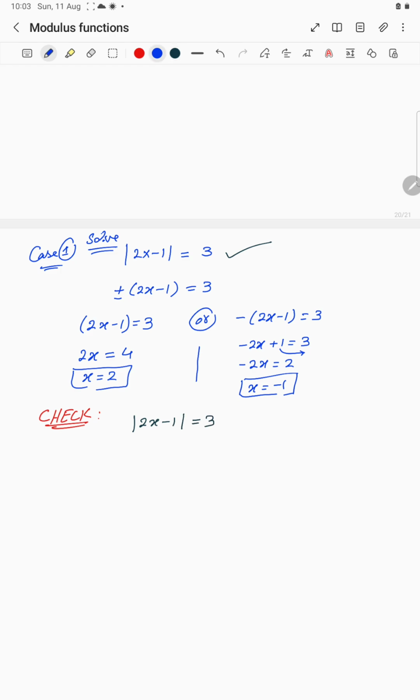Now we replace the values of x one by one. We got x is 2, so 2 times 2 is 4, minus 1 equal to 3. So mod of 3 equal to 3, and we know that it is 3. Left hand side equals right hand side, so this is one of our solutions.